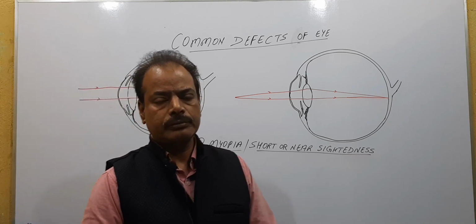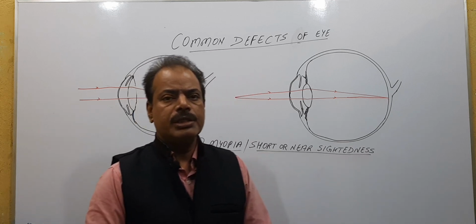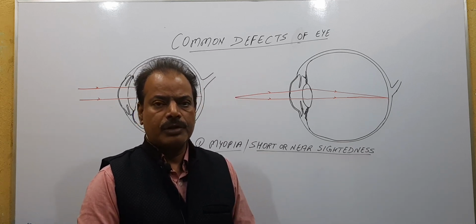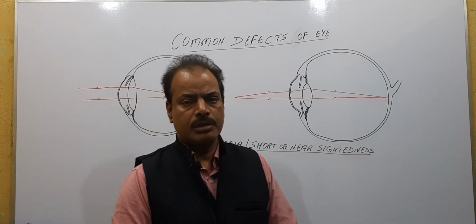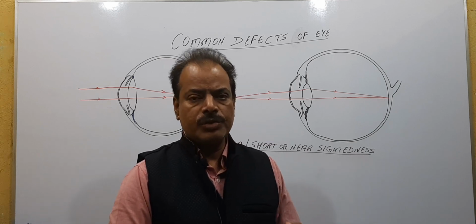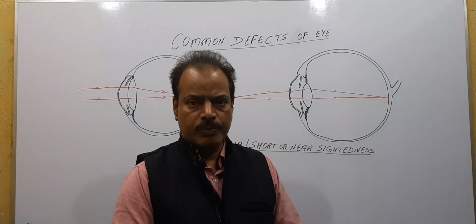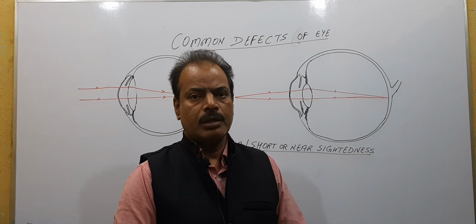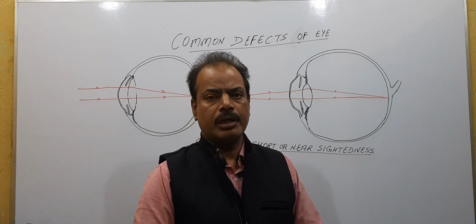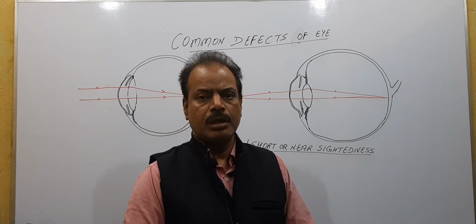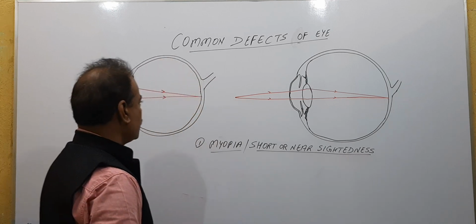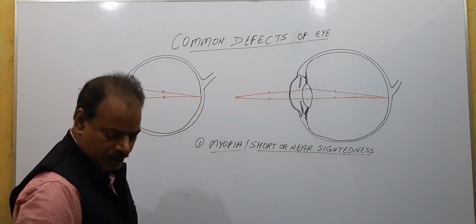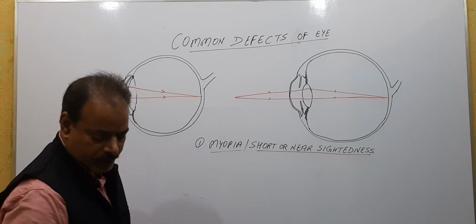Number one, increase in the length of eyeball from front to back. And second reason, the lens of the eye becomes more convex. So, due to these two reasons, myopia can take place, and it can be corrected by using a biconcave lens. So, by using a biconcave lens, the person can see objects clearly.